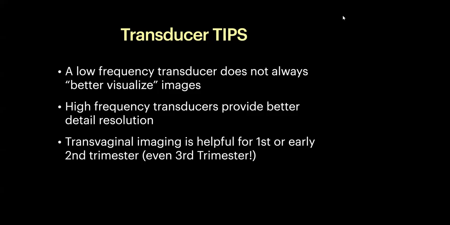The first thing they tend to grab is the low frequency transducer. Understandable if that is the only transducer you have, but if you have a high frequency transducer, this will certainly provide better detail resolution. And of course, with transvaginal imaging, this is certainly helpful for the first or early second trimesters, even in the third trimester.